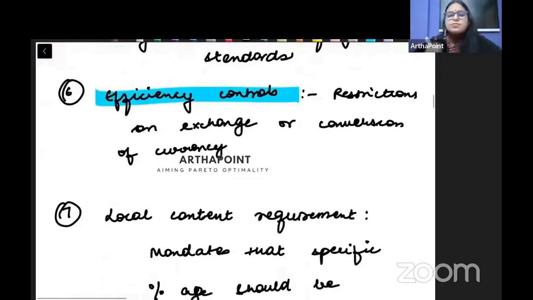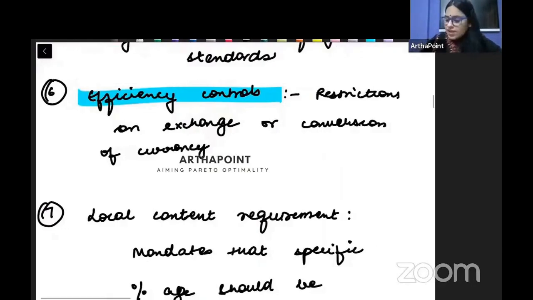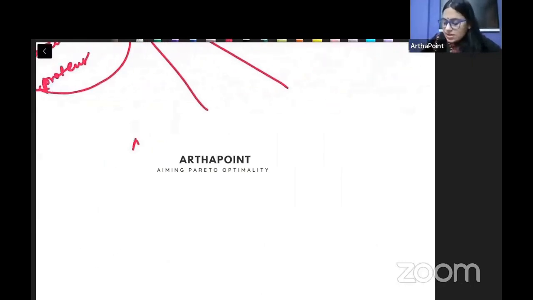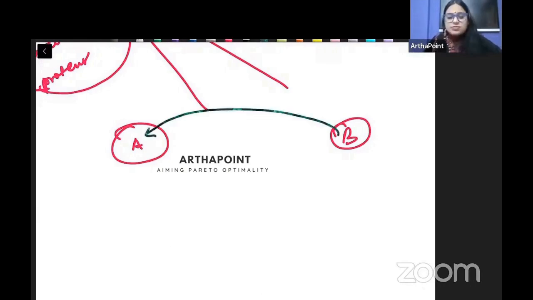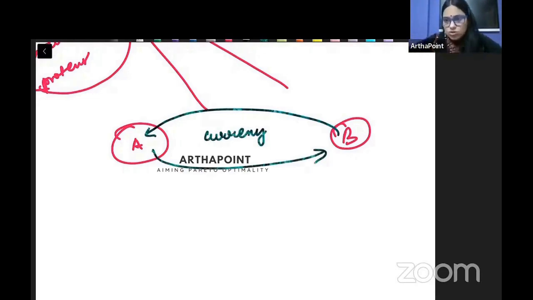Exchange controls. What are exchange controls saying? Restriction on exchange or conversion of currency. Now understand carefully. This is country A. This is country B. If you want to import from country B, you will need its currency to pay, right? You have to pay that country in its currency. Only if you pay in its currency can you get goods from it.